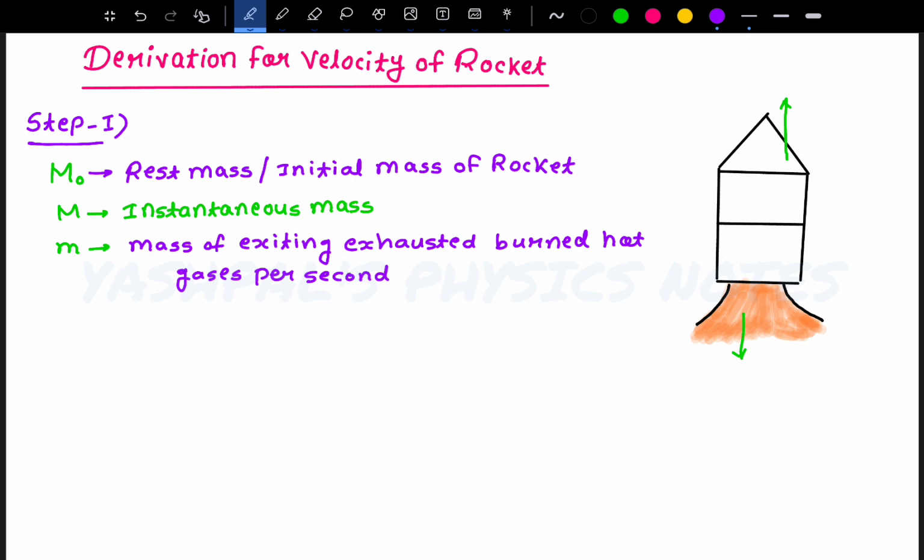And the final term, let capital V be the velocity of rocket in vertical direction.